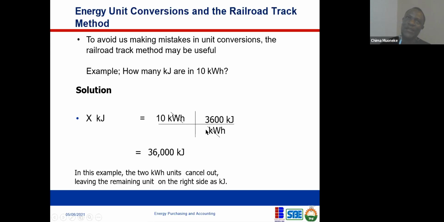There are other ways you can do that. If you want to do cross multiplication, you can, but you get to a stage where it becomes complex and you cannot easily do cross multiplication. For some of us, we can just say, if 3,600 kilojoule is going to give us 1 kilowatt hour, 10 kilowatt hour will be equal to how many kilojoule?